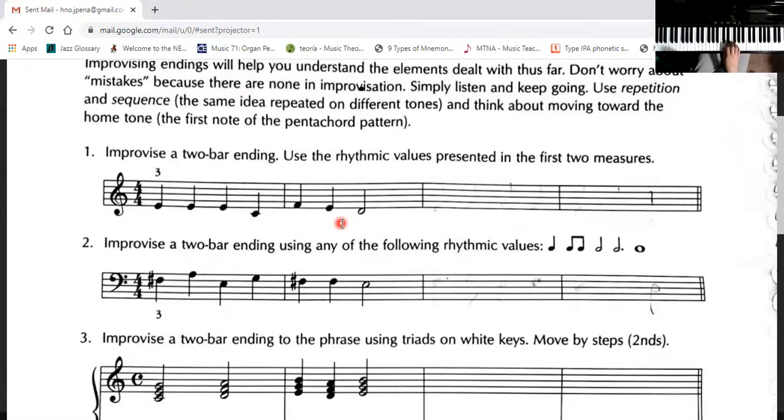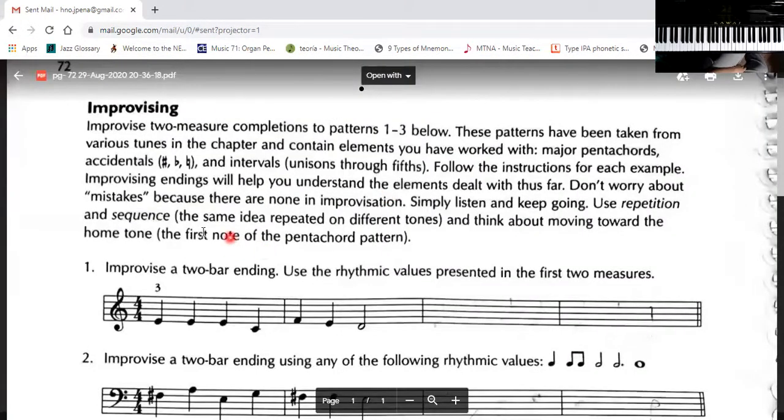Here we go. Those are the two measures, and then for repetition, we just play the same thing again. Very simple.